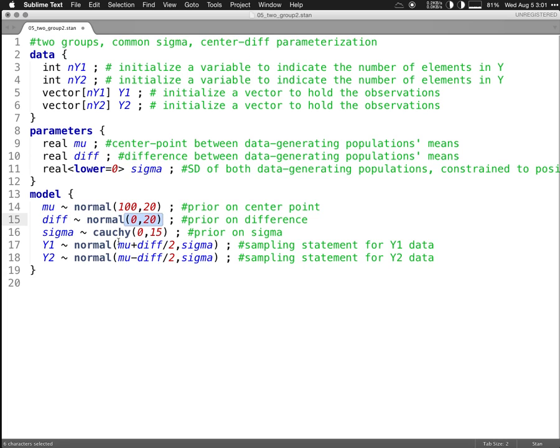By that little sidetrack, I was just saying that these signs don't actually matter. I could do it the other way around, and we'll get the same sort of results. It'll just change the sign of what diff is.